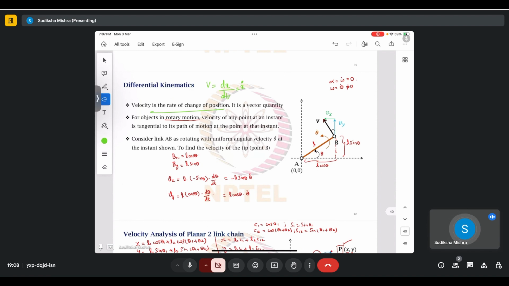And for objects in rotary motion, velocity at any point at any instant is tangential to its path of motion. Suppose this is the center and there is an object moving like this. So at any point, it's the tangent which gives us the velocity.